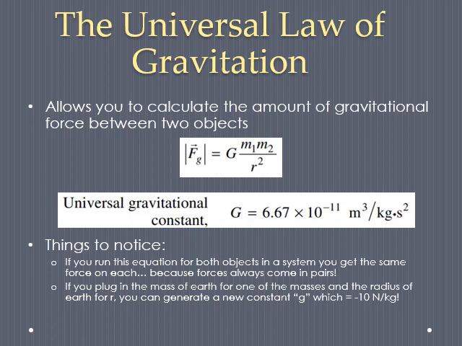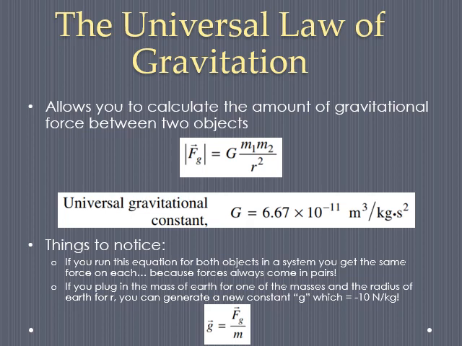In this case, the radius is going to be the distance between the object and the center of Earth, which for all intents and purposes is just the radius of Earth, which means that we can actually lump those three variables together, the big G, M1, and the R squared, because those are all constants, and we can create a new constant that is specific to objects close to the center of Earth.